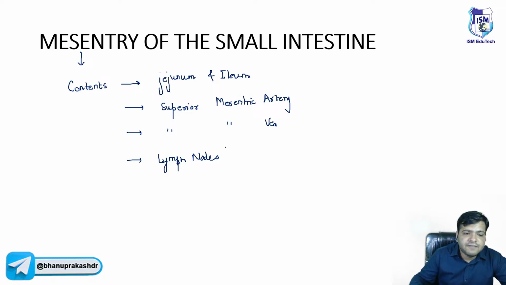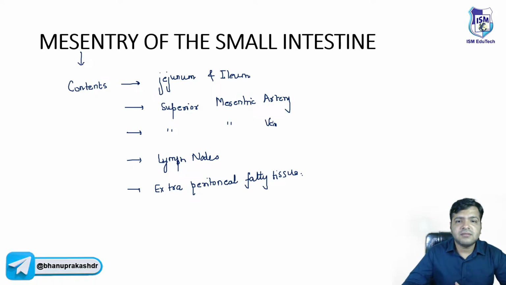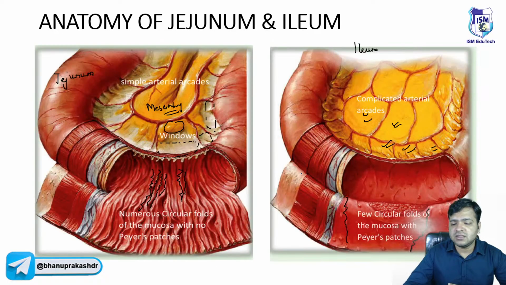Remember, beta, we have extra peritoneal fatty tissue also. So that is about the mesentery of the small intestine, Peyer's patches, and anatomy of jejunum and ileum.